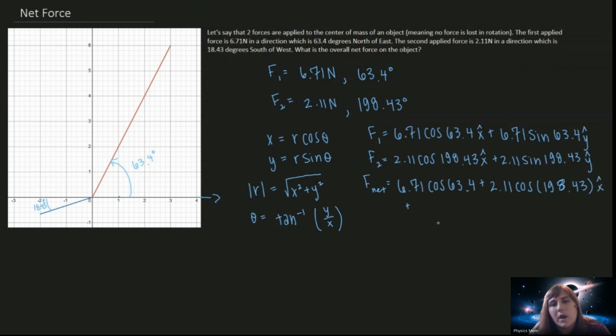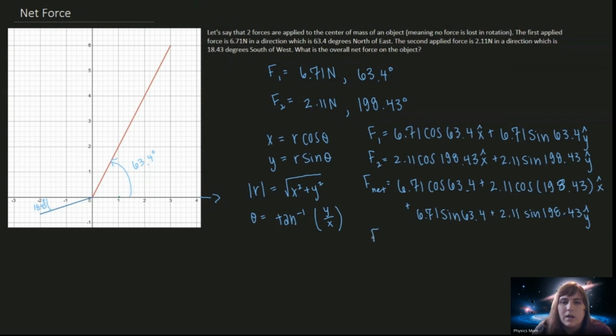Plus my y components, which are 6.71 sine 63.4, you get the idea, plus 2.11 sine 198.43, in my y hat direction.